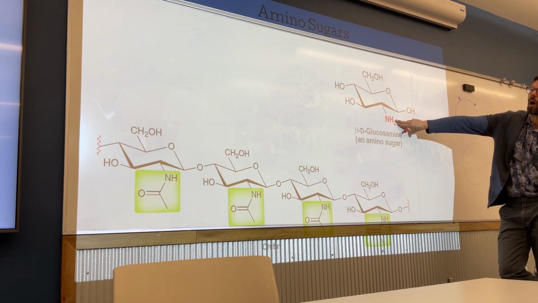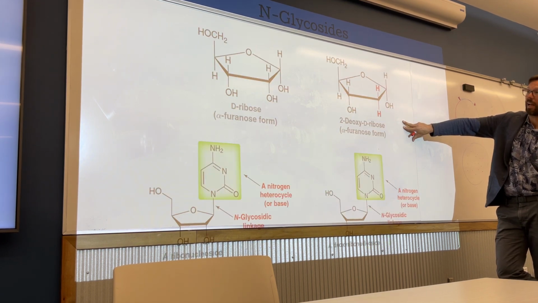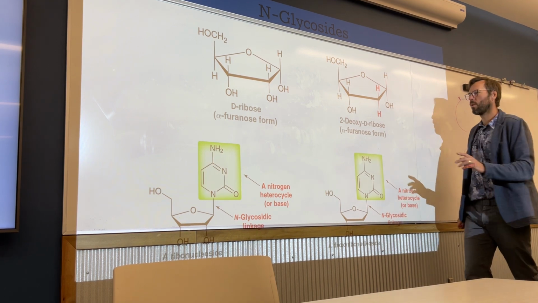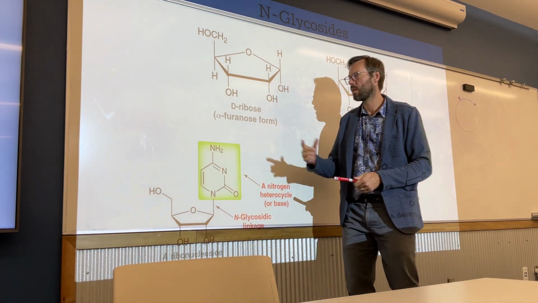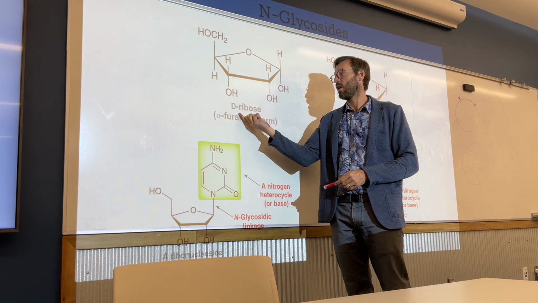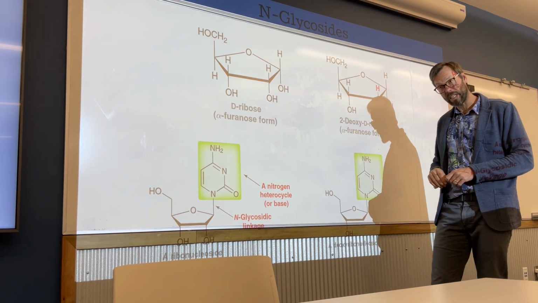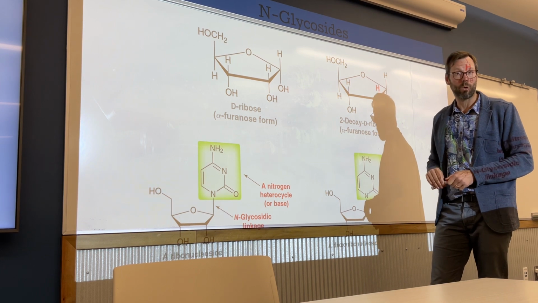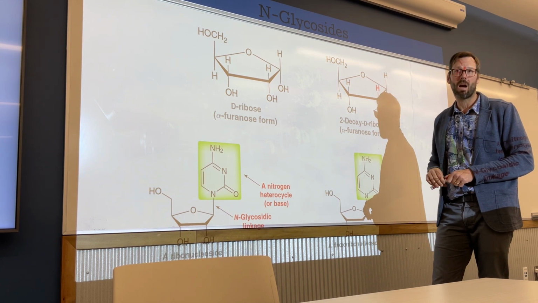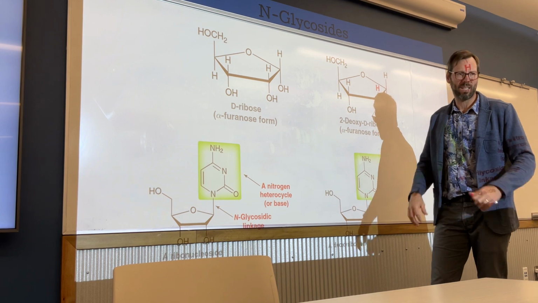All right. And now we get into relevant things like DNA. DNA is ribose or deoxyribo. RNA is ribonucleic acid, DNA is deoxy, and we'll talk about that when we get into nucleic acids.